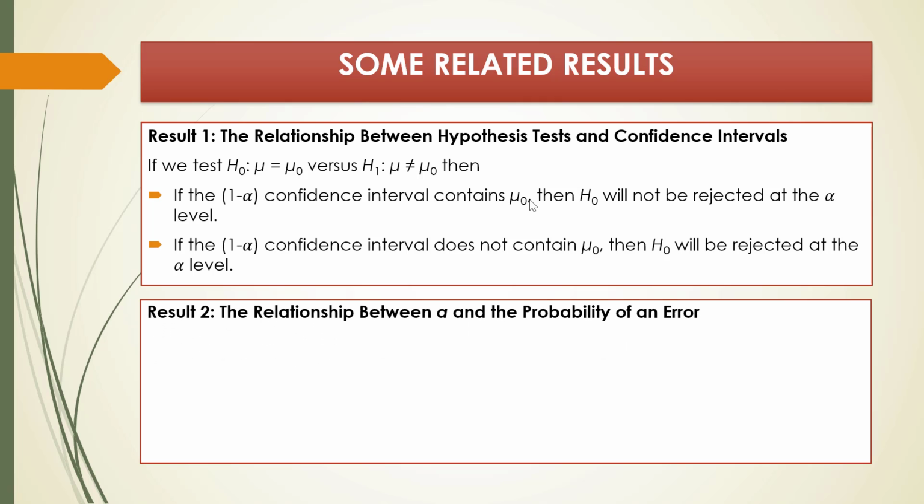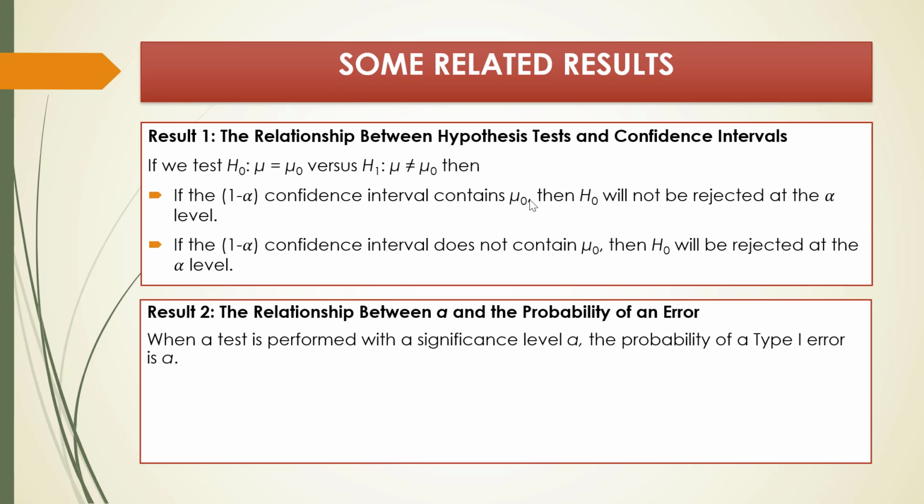Result 2, the relationship between alpha and the probability of an error. When a test is performed with a significance level alpha, the probability of type 1 error is alpha. Remember, type 1 error is the probability that we reject the null hypothesis when it is true.